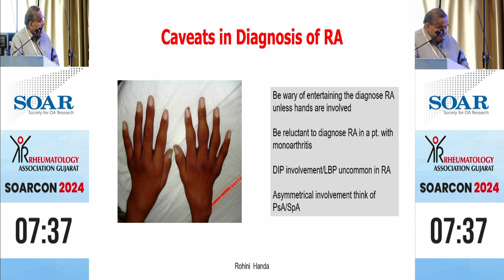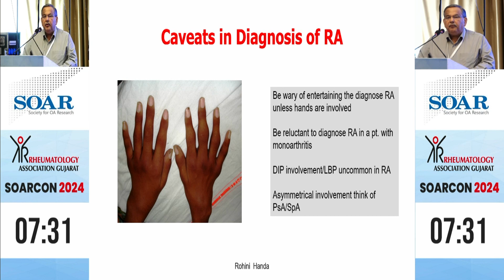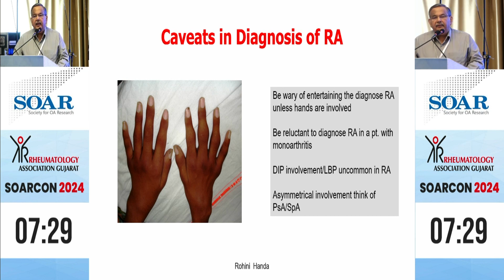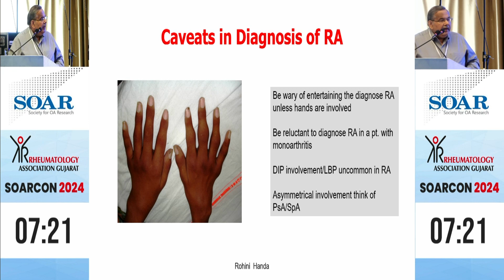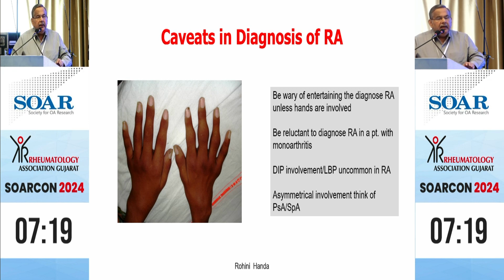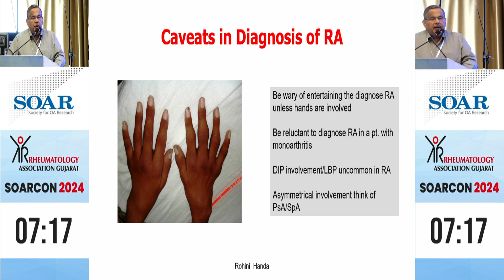And then one should be very reluctant to entertain a diagnosis of rheumatoid arthritis unless the hands are affected. There's only one exception: if the patient has taken corticosteroids, then it actually masks the clinical picture. DIP joint involvement is uncommon in rheumatoid arthritis.